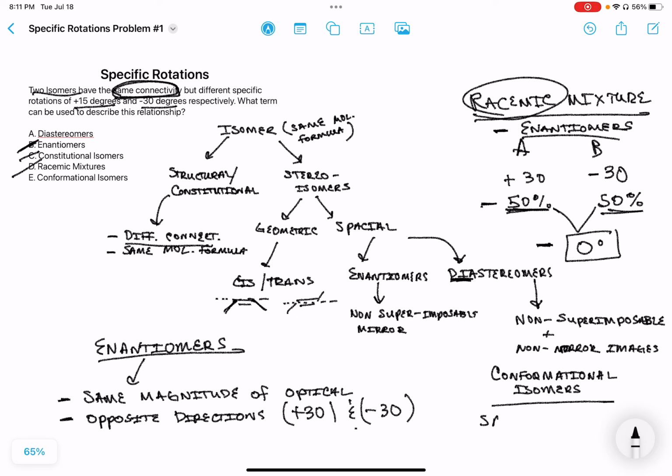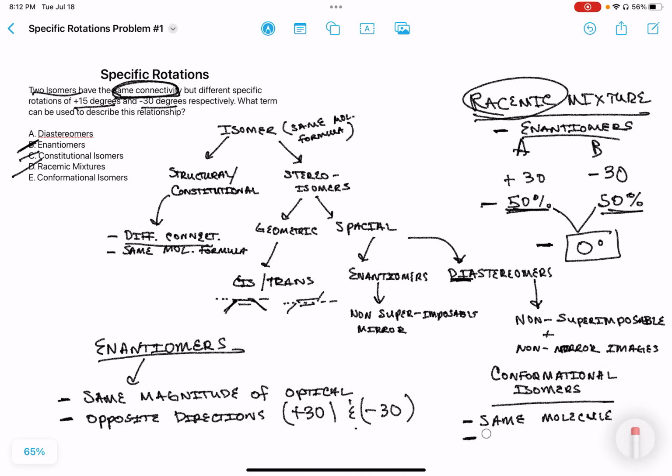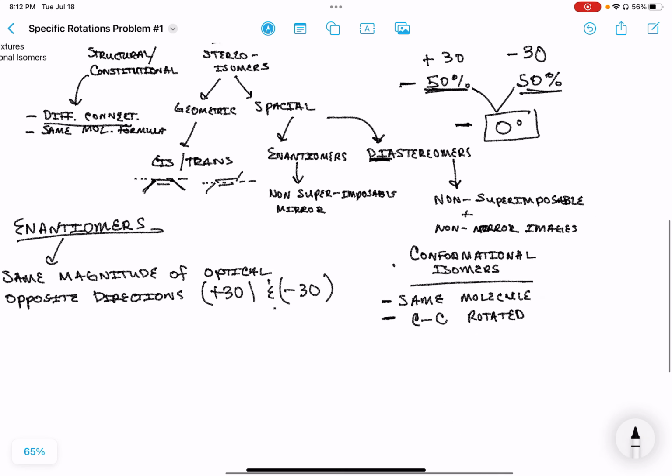Conformational isomers are actually the same molecule, but a carbon-carbon bond is rotated in one versus the other.